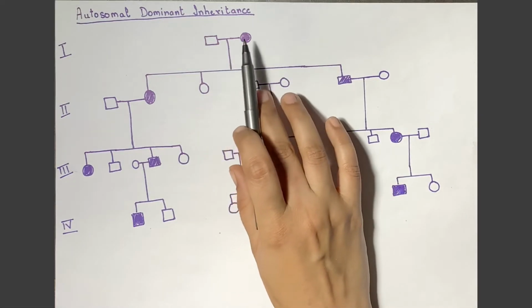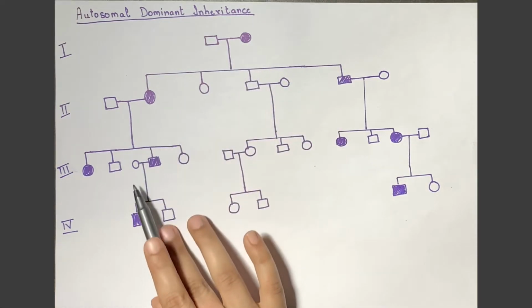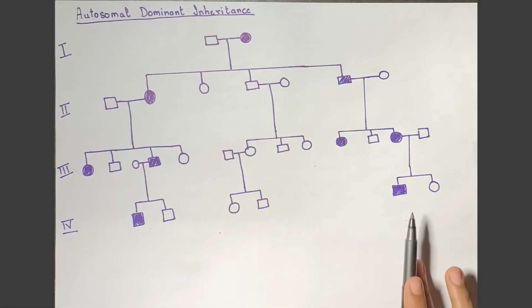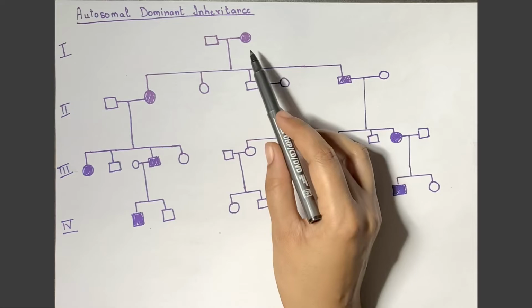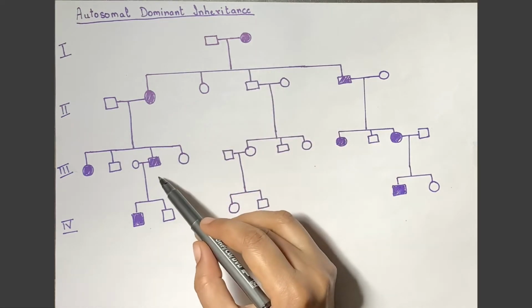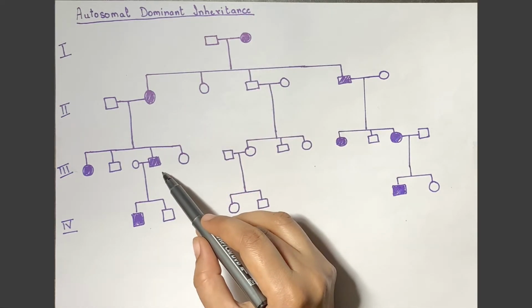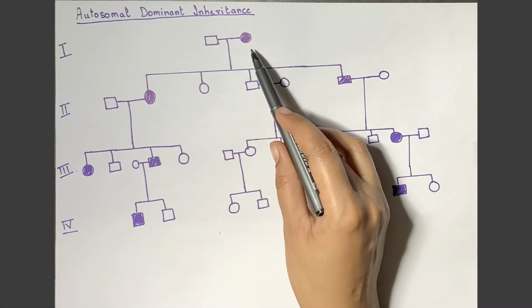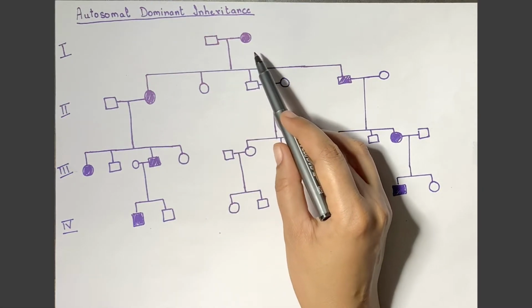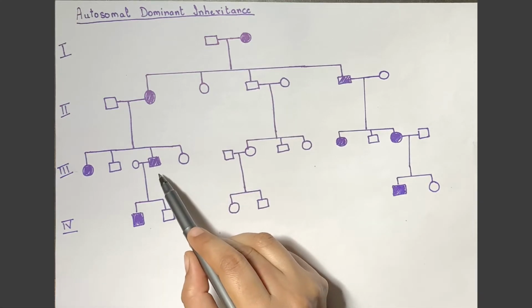This is a pedigree showing a typical autosomal dominant mode of inheritance. In this pedigree, filled circles as well as squares represent affected individuals. Filled circles represent affected females and filled squares mean affected males.